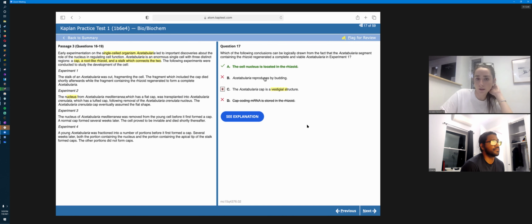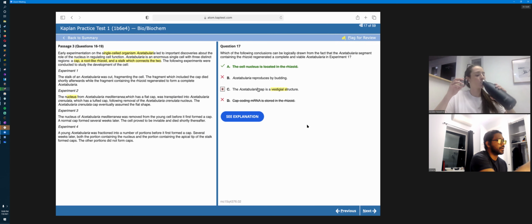We don't need budding; I don't really know why we would pick that. And it doesn't really say anything about it. I could see E being something that would be picked because it never really states that the Acetabularia has a nucleus, right? All it says is that it has a cap, a rhizoid, and a stalk.